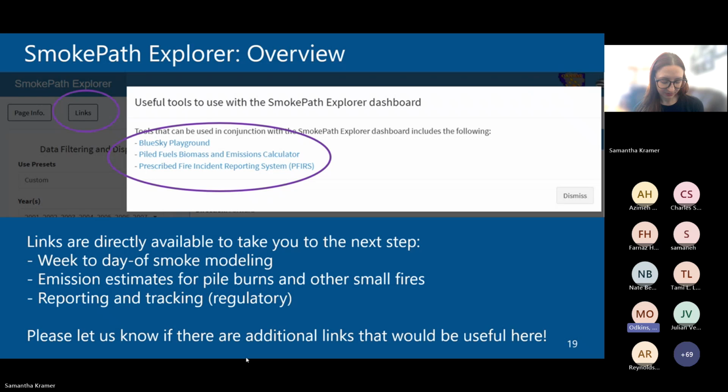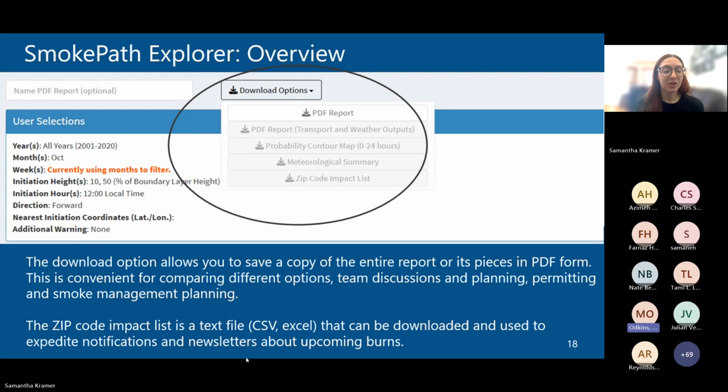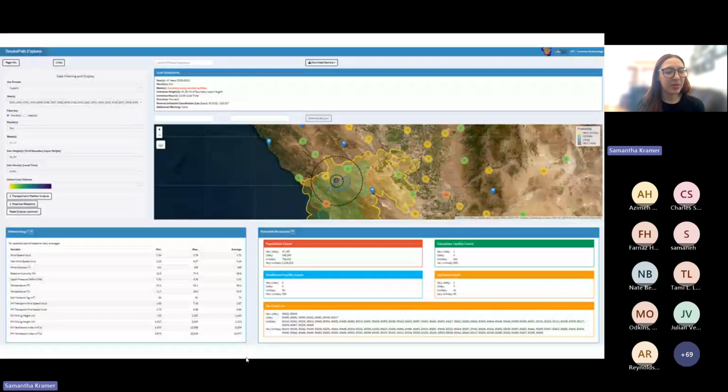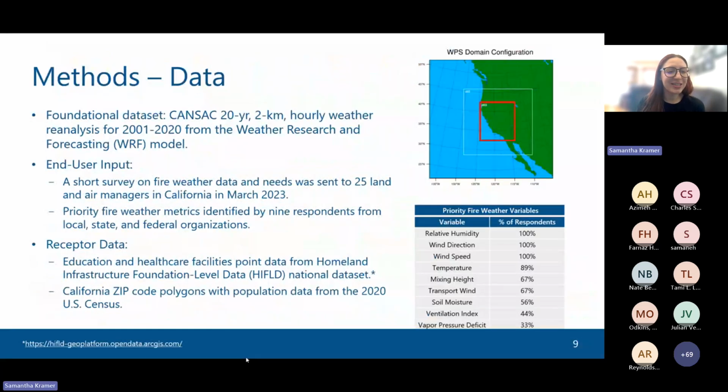So one question is, what is the source of the receptors that are included and how frequently are those updated? Great question. Those are actually from the Homeland Infrastructure Foundation-Level Data set. It's a national level data set that's updated by the federal government. This was last updated on our end in 2023, so we did not update for 2024.